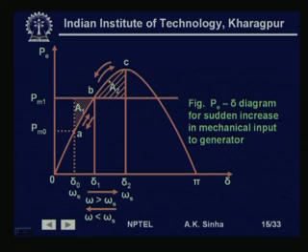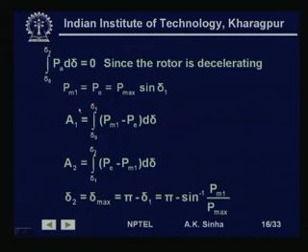So, decelerating area is P e minus P m 1, whereas accelerating area P m was greater than P e. So, P m 1 minus P e, that is the way we were writing it. So, A 2 is delta 1 to delta 2 integral P e minus P m 1 d delta, and when we have these two equal, we get the system to be stable.